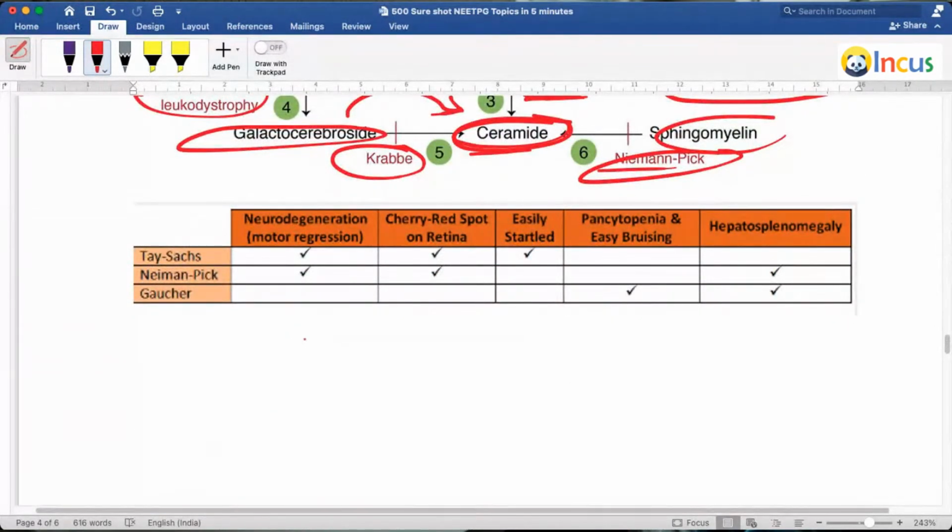Now, what are the main differences? Let us observe. Neurodegeneration, cherry red spot, easily startled, pancytopenia, hepatosplenomegaly. If you take all this, neurodegeneration, cherry red spot, easily startled, all these are the features of Tay-Sachs. Then, if you look at Niemann-Pick, you have neurodegeneration, cherry red spot, and hepatosplenomegaly.